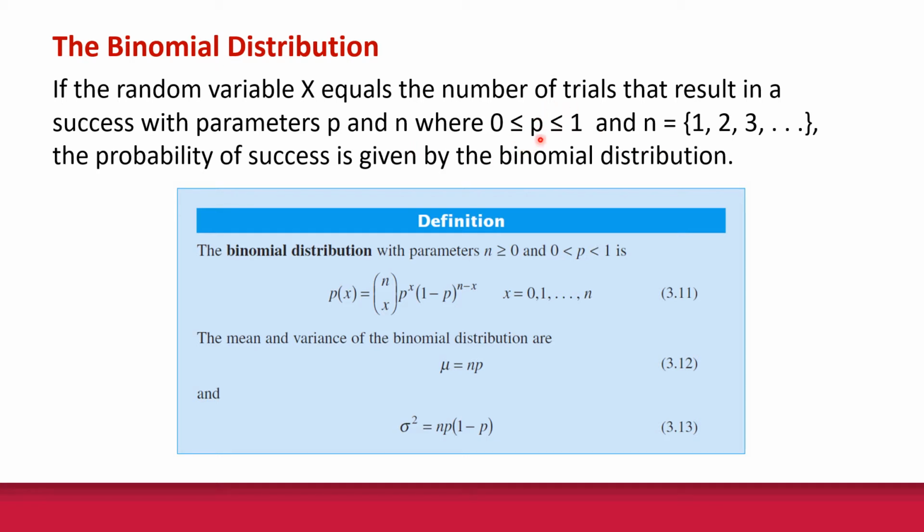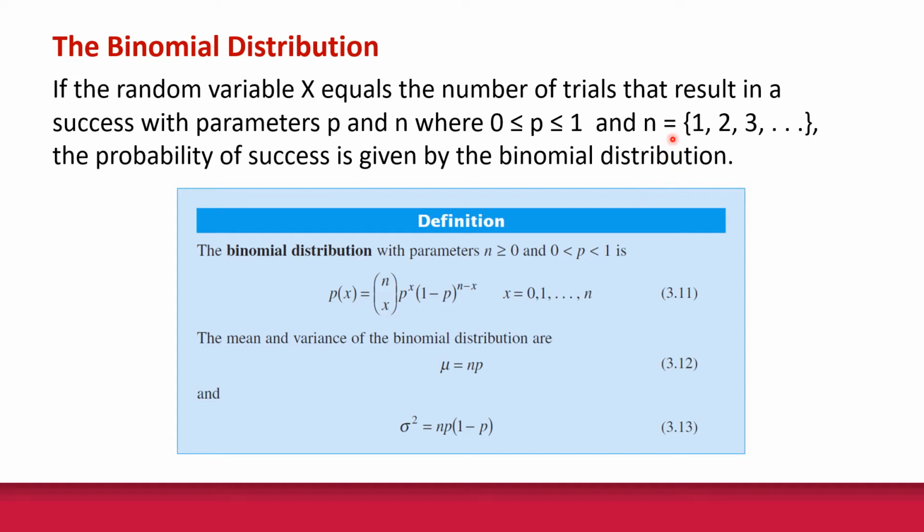For a case like flipping a coin, if we flip one coin one time, there's a 50% chance we get heads, 50% chance we get tails. But if you perform that experiment over and over, what's the probability of getting 3 heads in a row? Well, it's not 50%. So this is where the binomial distribution comes in on how to calculate that.